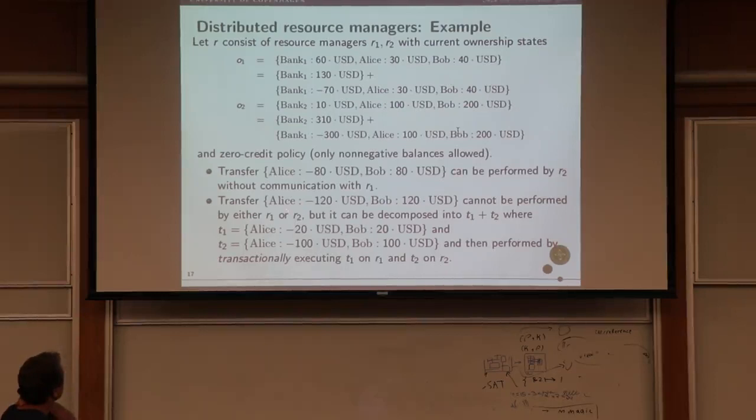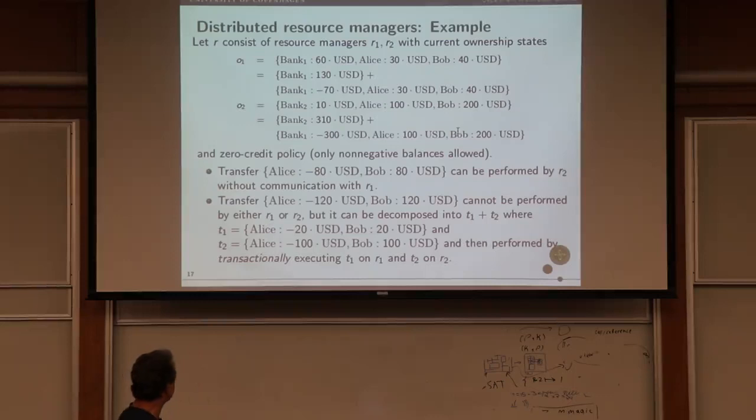Now if we have another transfer, like Alice wanting to transfer $120 to Bob, well, it cannot be performed by any one of those resource managers. But she or somebody can decompose the transfer into T1 plus T2, $20 and $100, and then submit T1 to resource manager 1 and T2 to resource manager 2, and make sure that you execute them transactionally.